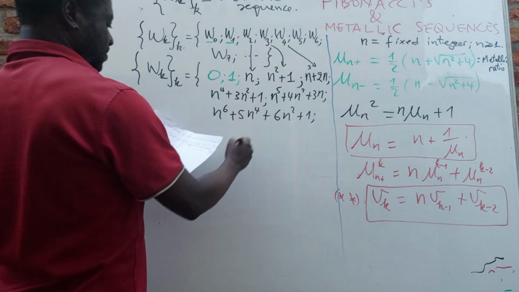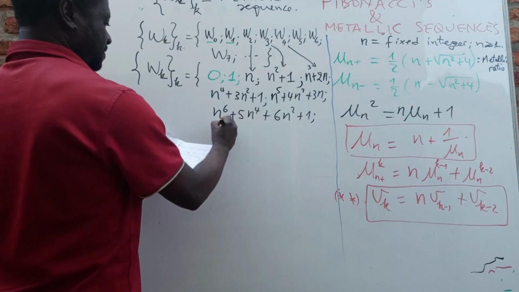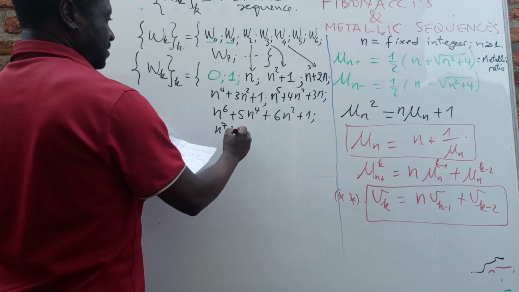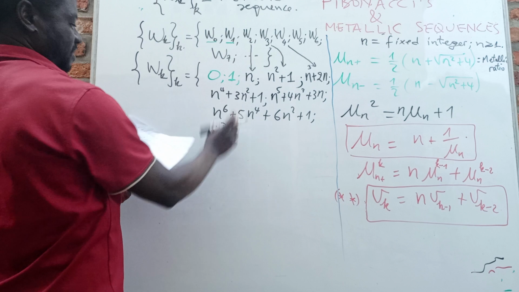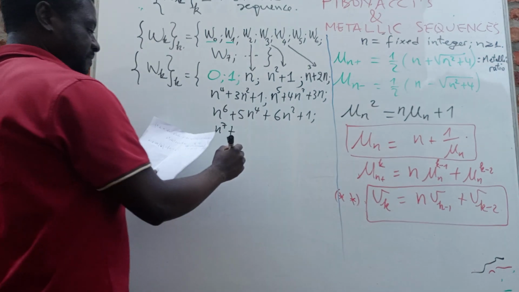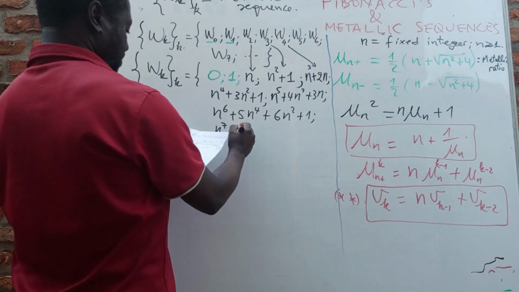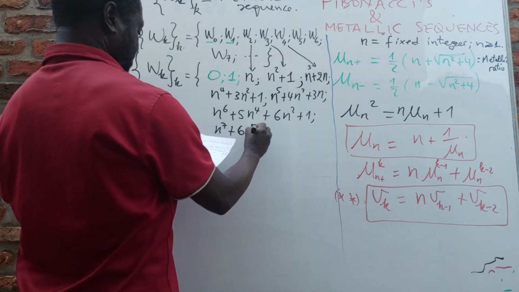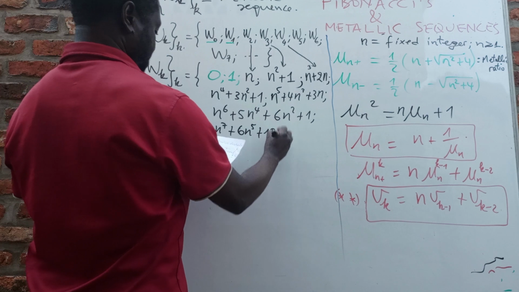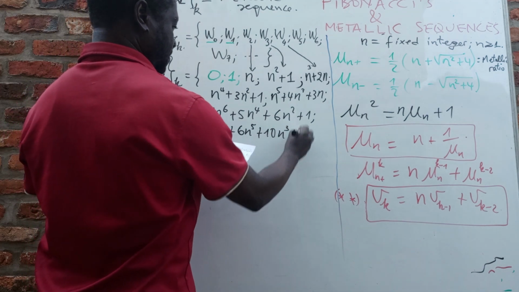We can also calculate n power 7. Actually, this is going to be W8, and we're going to have n power 7 plus 6 n power 5 plus 10 n power 3 plus 4n.